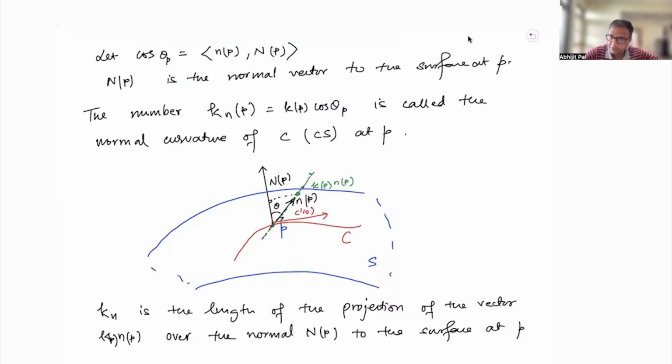So this point I'll get. And then you take the orthogonal projection on the line passing through capital NP. So this length is K suffix N. Okay, so K suffix NP is this length.